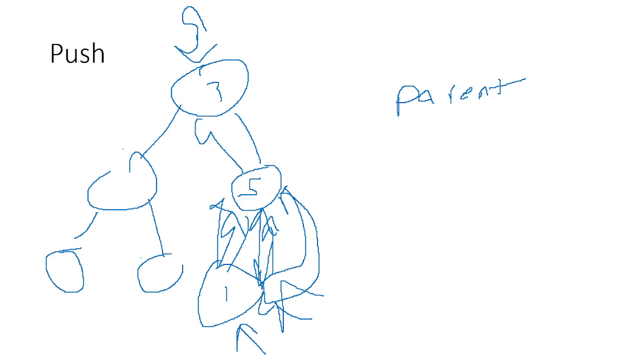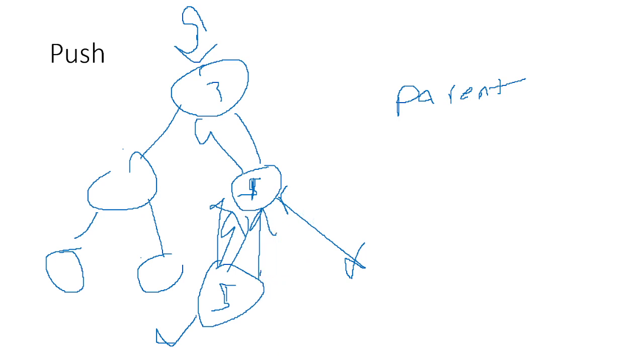So 5 here is being swapped with here, right? Let's say there's 5 and 1, and then another child, like a right child. No. The reason for this is that there's never going to be a right child.